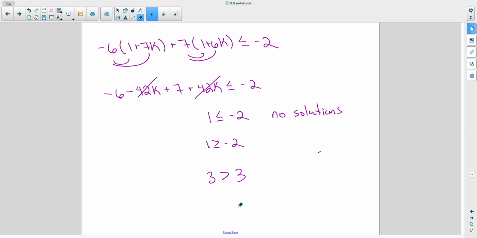Is that true or false? That was true, so it's all solutions. But if we said, does 4 equal 3, is that true or false? That's false, so that's no solution. So you've got to read it and ask yourself, is 3 greater than 3? And you're going to say, no solution.